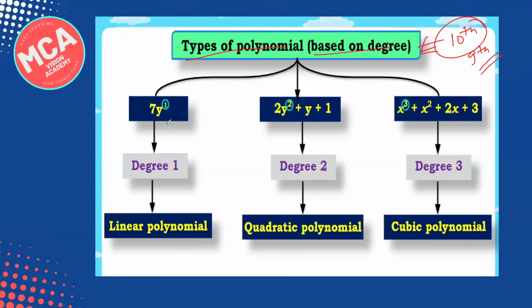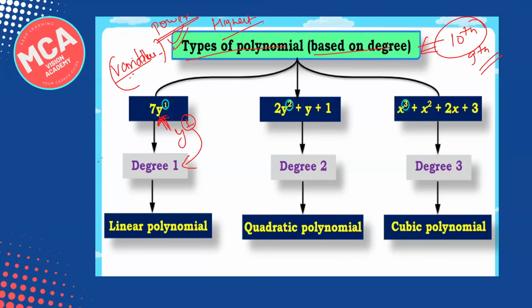Degree is the power of the variable you are taking, a variable raised to some power. And we take the highest degree. In this, only one variable is there, that is y, and the power of y is 1. So its degree is 1.